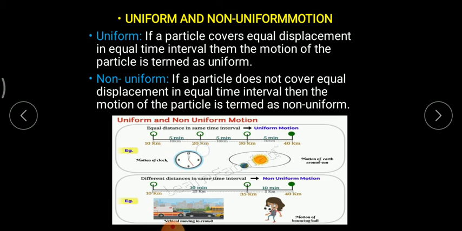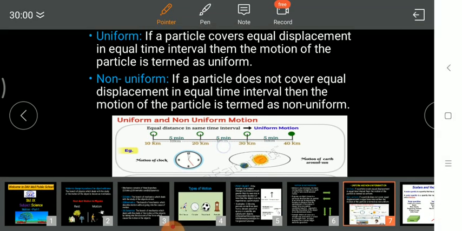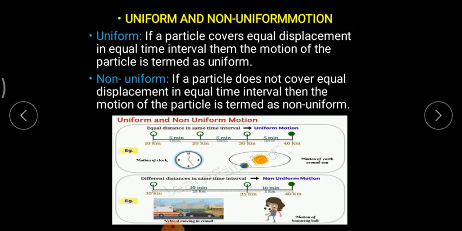Similarly, the distance from B to C is again 10 kilometers, and the time required from B to C is 5 minutes. You might have observed that time and distance are the same.